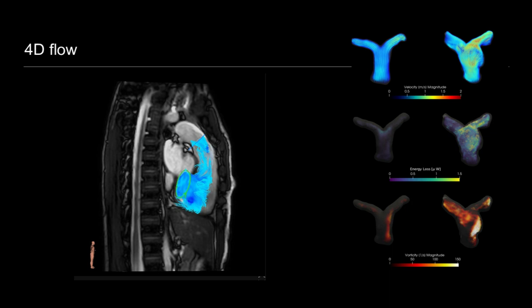And you see that this is very low in the normal situation, but in this patient on the right side here, with a repair of tetralogy of Fallot, you can see that there is massive abnormalities. The vessels are dilated, and you can see that there's a lot of vortex formation in the flow pattern and a lot of energy loss. So this particular anatomy is very inefficient for transmitting the blood into the pulmonary circulation.